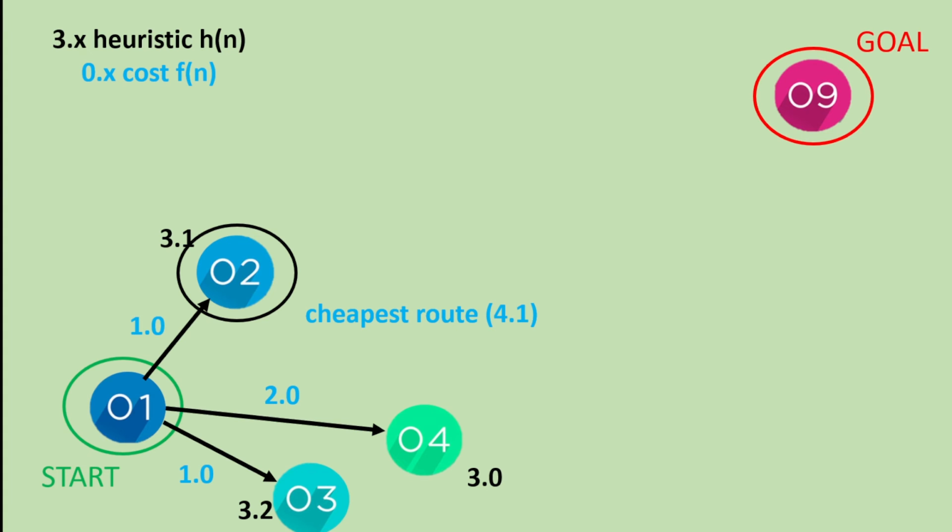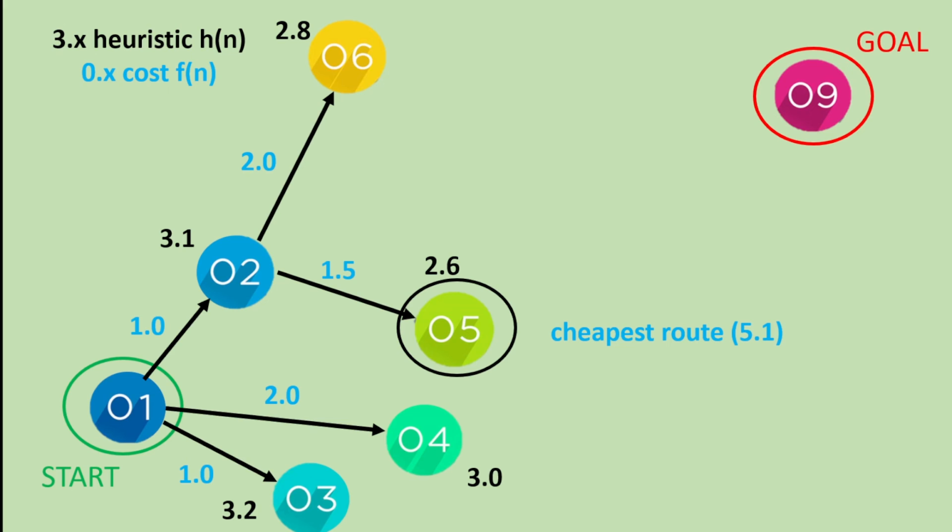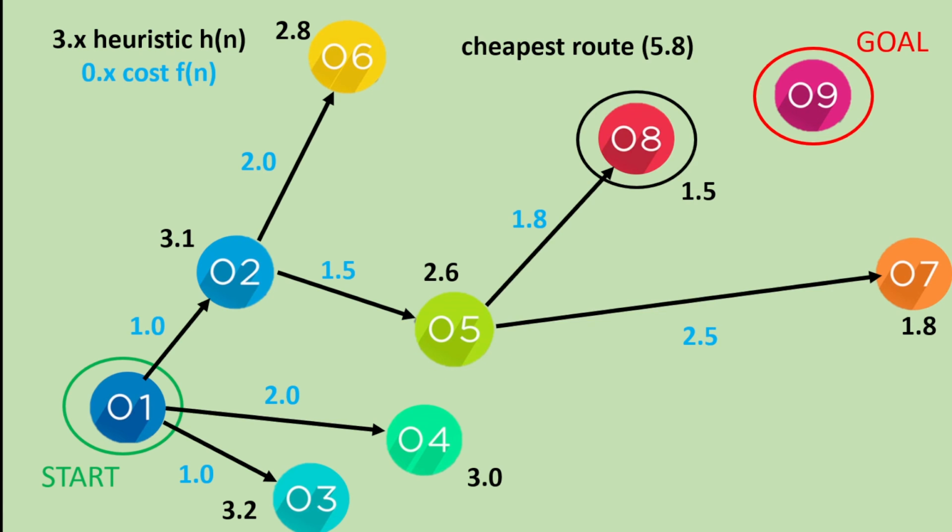Let's look at the children nodes, the other places we can go from node 2. Now we can see that node 5 has the cheapest route. We've got the costs of 1 and 1.5, which is 2.5 in total, plus the estimate of 2.6 to the goal, so the cheapest route is 5.1. Now we look at the children nodes from 5, we've got 8 and 7.